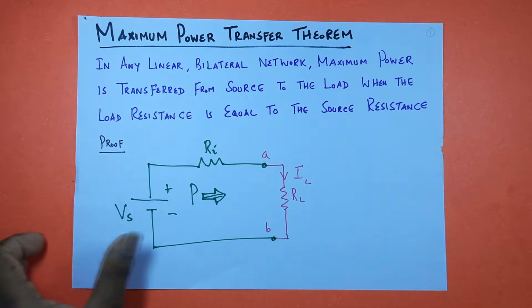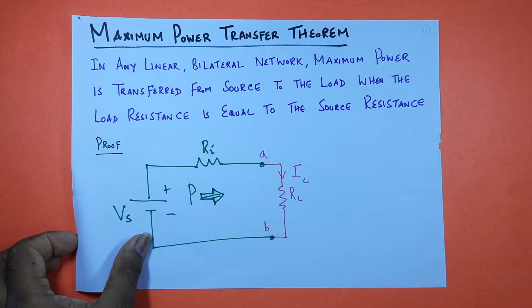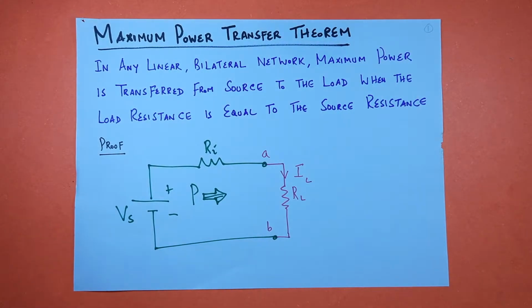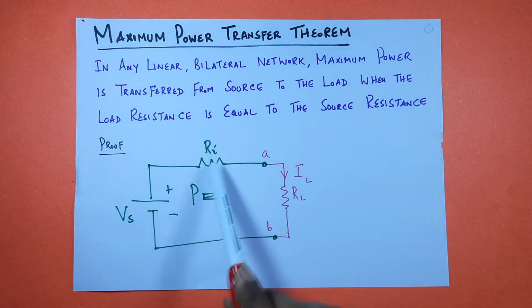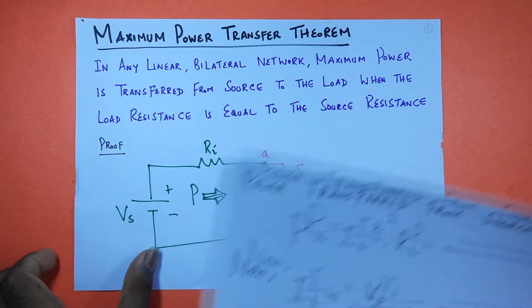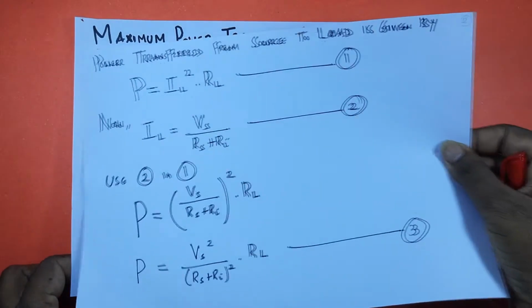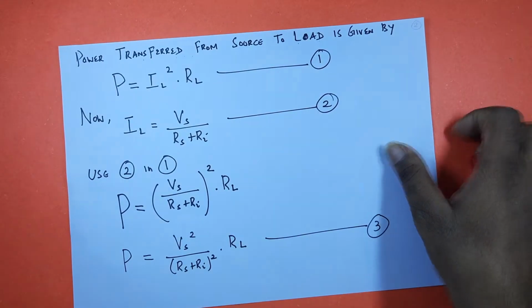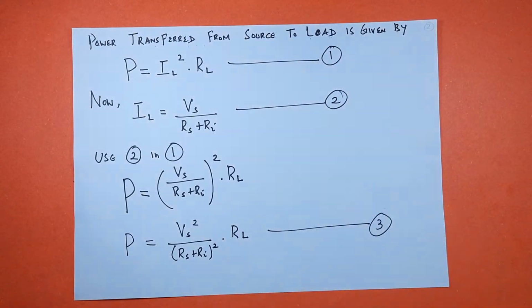According to maximum power transfer theorem, maximum power will be transferred from the source to the load when this load resistance equals the internal resistance, or source resistance. So we shall see the proof for this theorem.